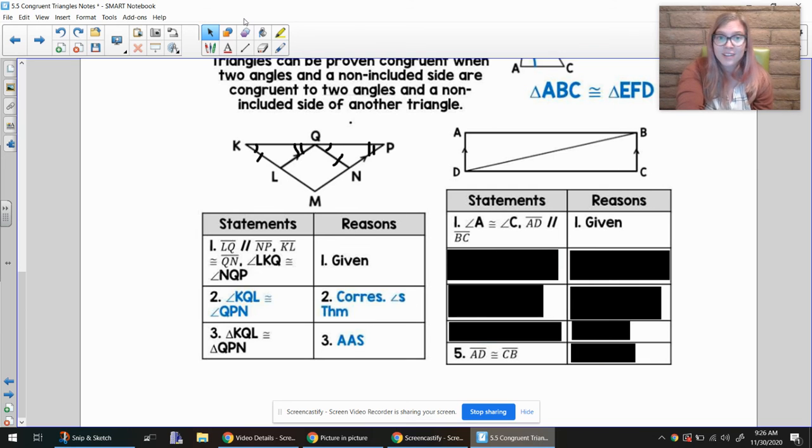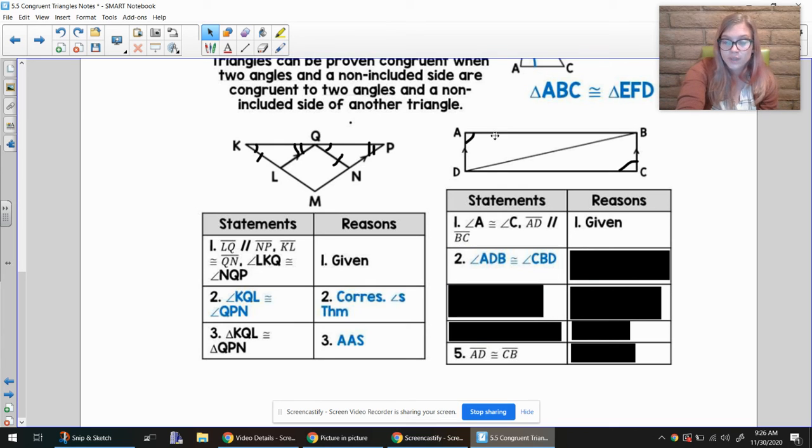Last one, we have angle A is congruent to angle C. Line segment AD is parallel to line BC. Well, we're going to start with saying that angle ADB is congruent to angle CBD.